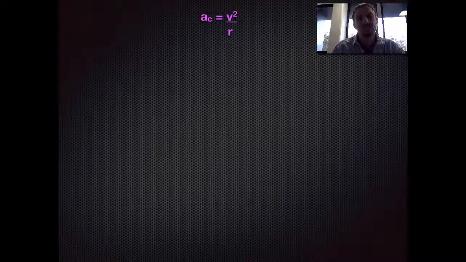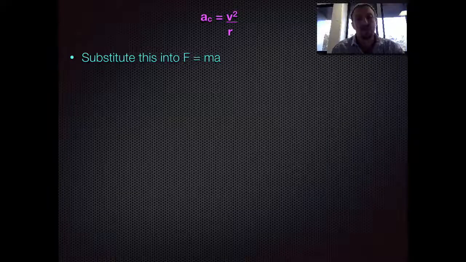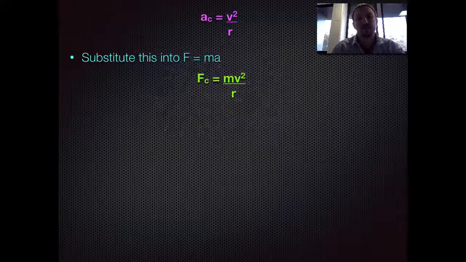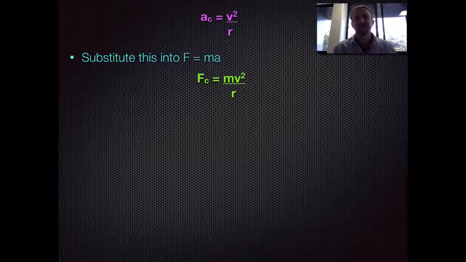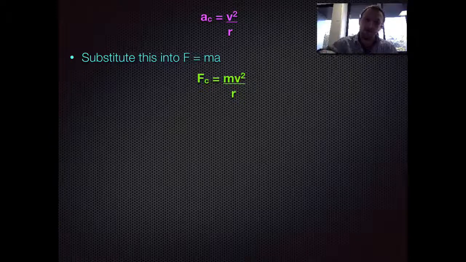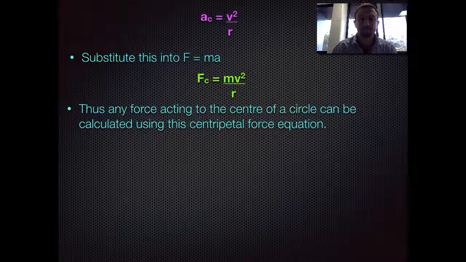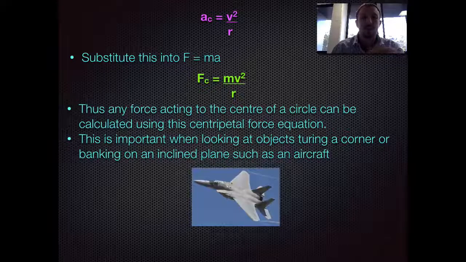If we substitute that into Newton's second law, F equals ma, we get the centripetal force equation, F equals mv squared over r, and we can use this to find out various components of any object which happens to be moving and banking as it moves. So any force acting on the center of the circle can be calculated using that equation.